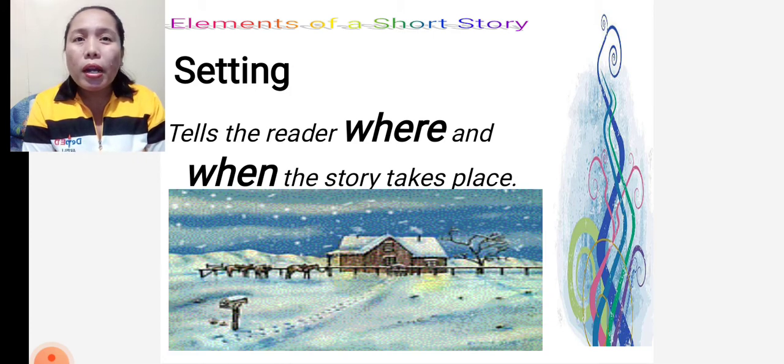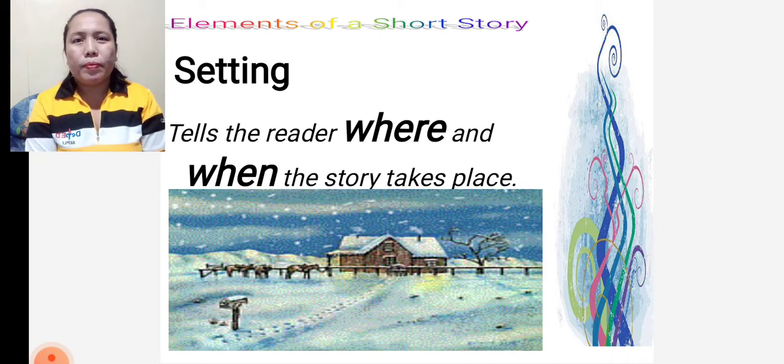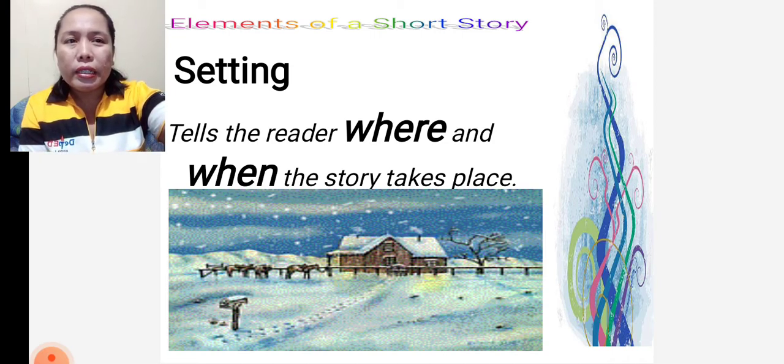Or inyong timan-an basta naghisgot gali og time or kanus-an nahitabo, mao na siya ang setting sa story. The keywords there are only 2, where and when. Get nyo na, unsa ang setting? So, timan ang setting, diin or kanus-an nahitabo ang story.